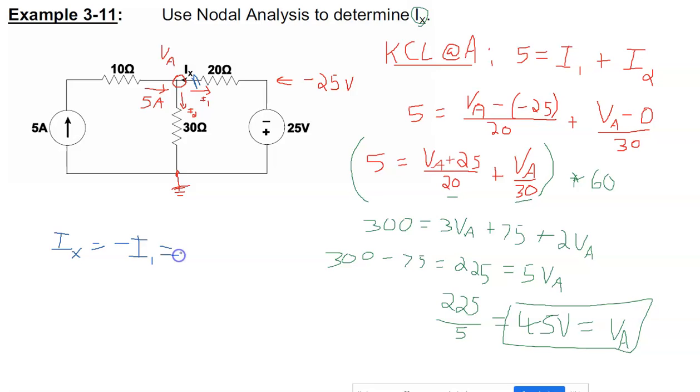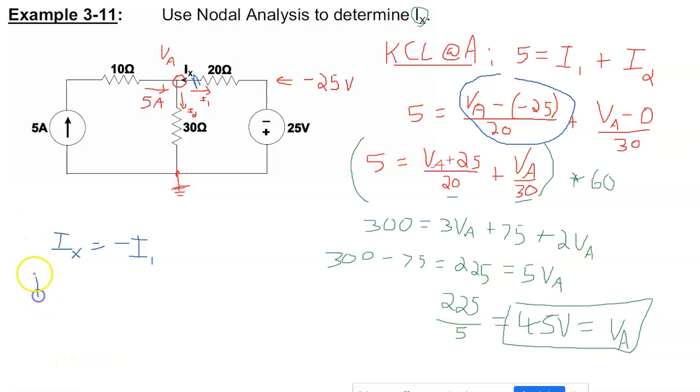And remember that I1 was this expression right here. So let's calculate I1 before we put the negative sign in, just to cut the confusion a little bit.